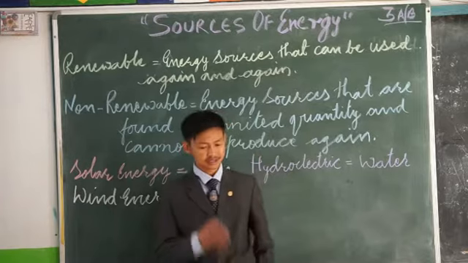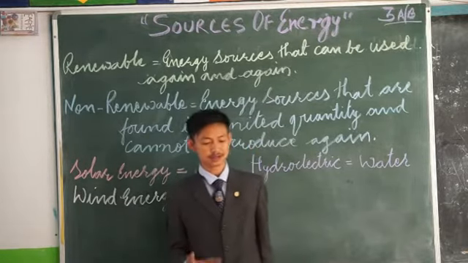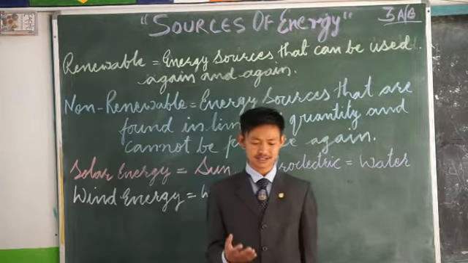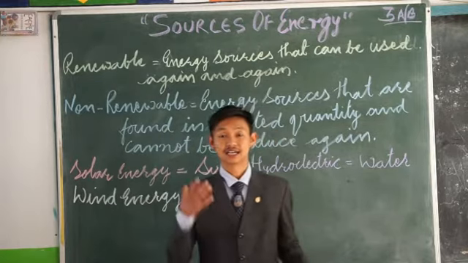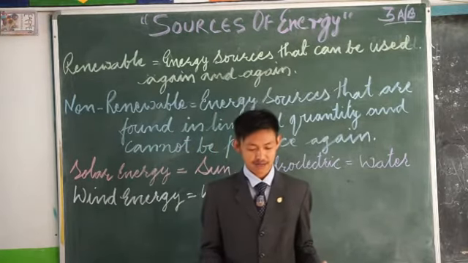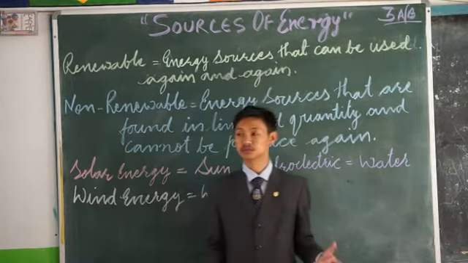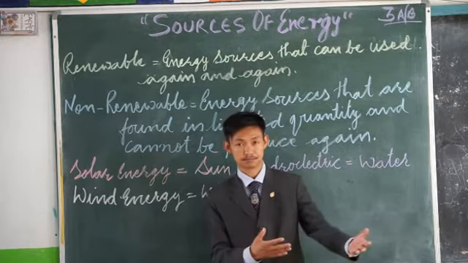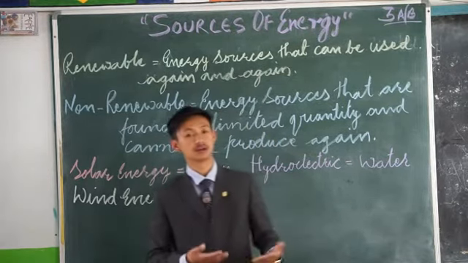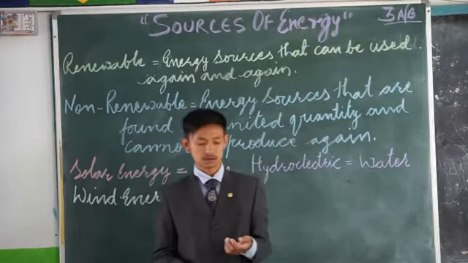Now let's discuss how to conserve energy. There are many ways and means. Conservation of energy is the process of saving energy by reducing its use and wastage. To come to school, you don't come by bus or vehicle; if it is a walkable distance, you just walk.